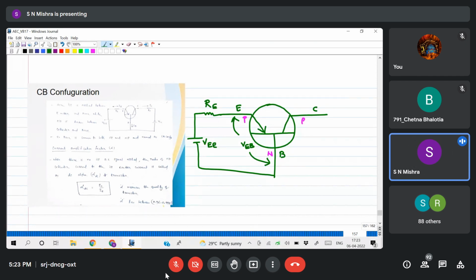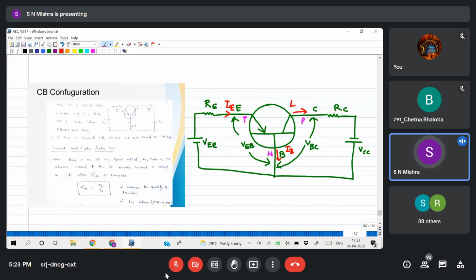Now the collector side. The collector side should be reverse biased, so the P side should be connected to lower potential. So I'll first connect a resistor and name it RC, then lower potential, then higher potential. This will be VCC, and the potential difference between collector and base I'll give as VBC. Then the currents: this is your IE, this is your IB, this is the outgoing current IC.